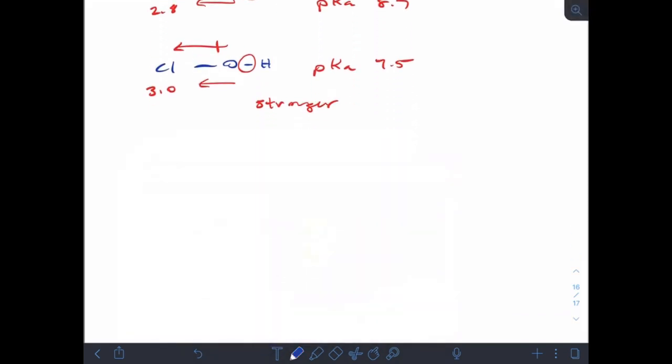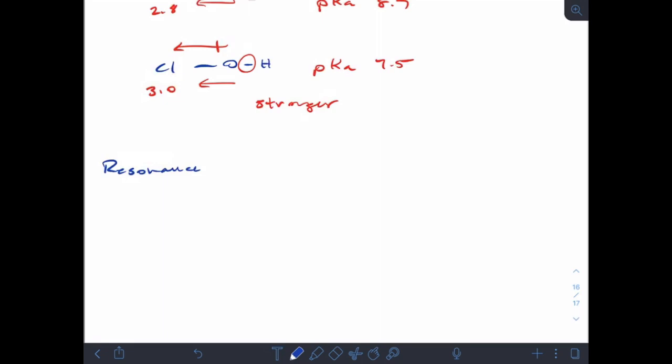The next thing to consider is resonance. Remember, the idea of resonance is that we often show resonance structures as a double bond shifting from one place to the other. But the reality is that both of those bonds, or however many bonds there are sharing that, are actually sharing those extra electrons equally.